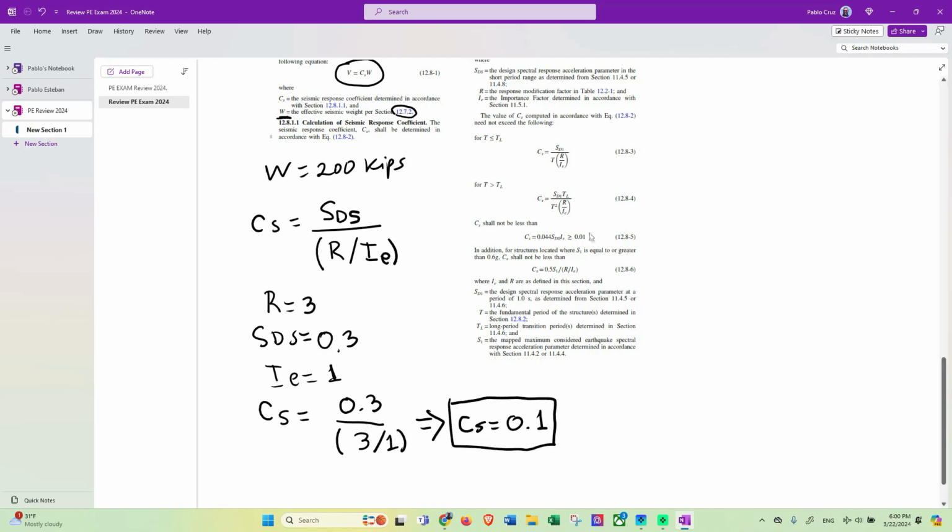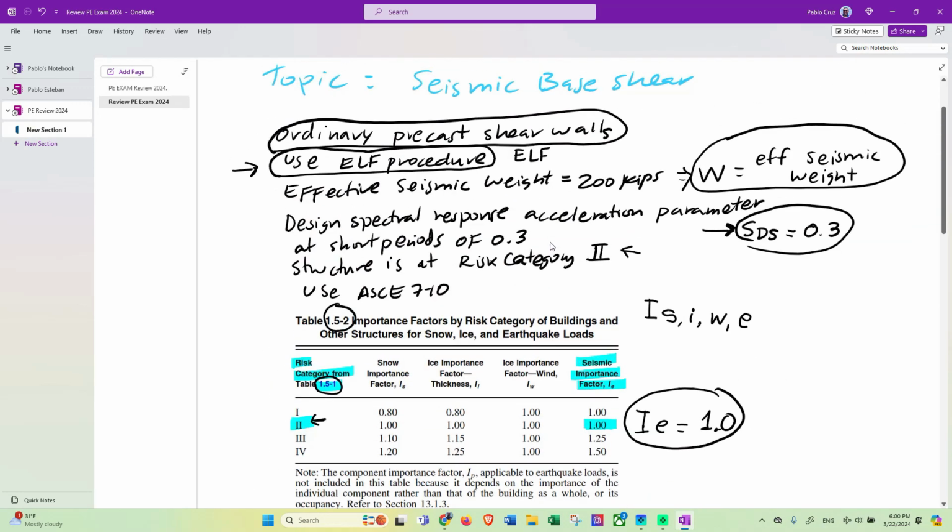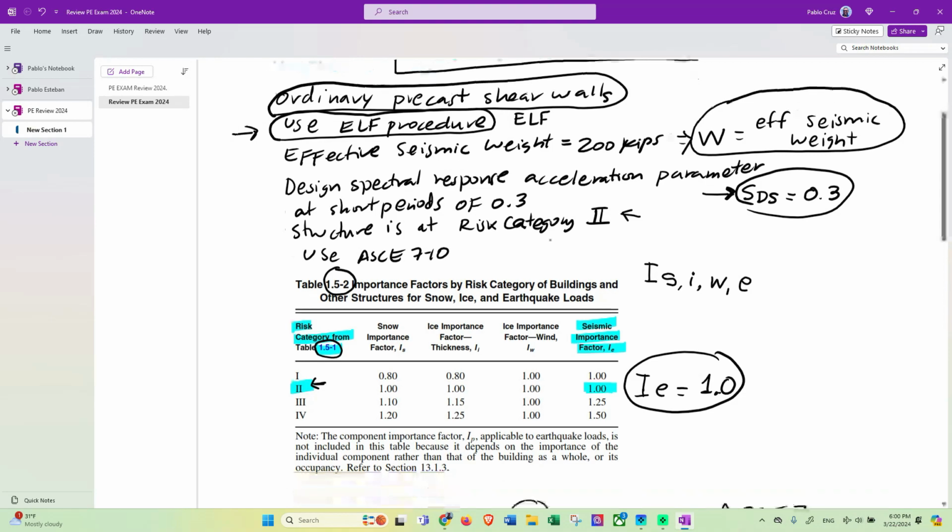The goal for us is to calculate the seismic base shear. That's the whole purpose of this exercise.